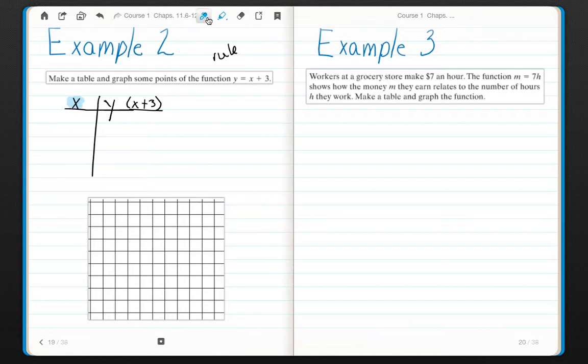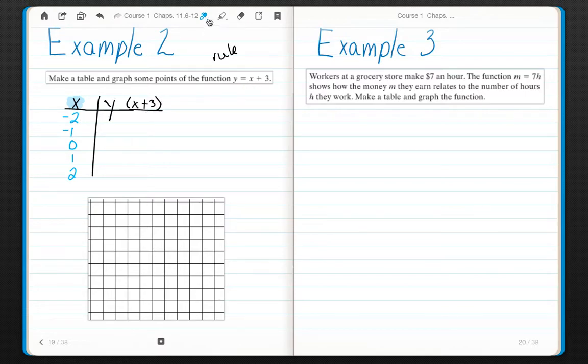So if I'm given -2, -1, 0, 1, and 2, these are my inputs, my values for x. I'm going to plug that into my rule and add 3 to each one.